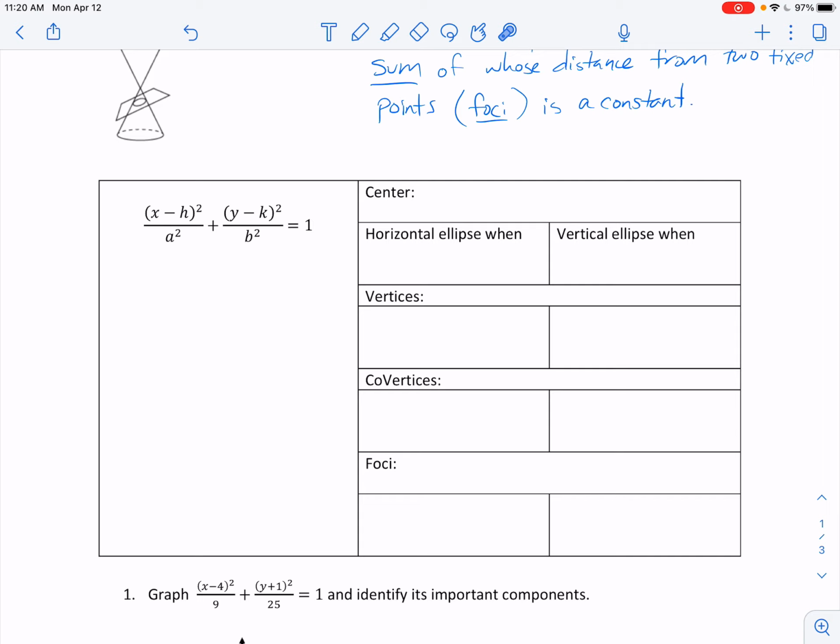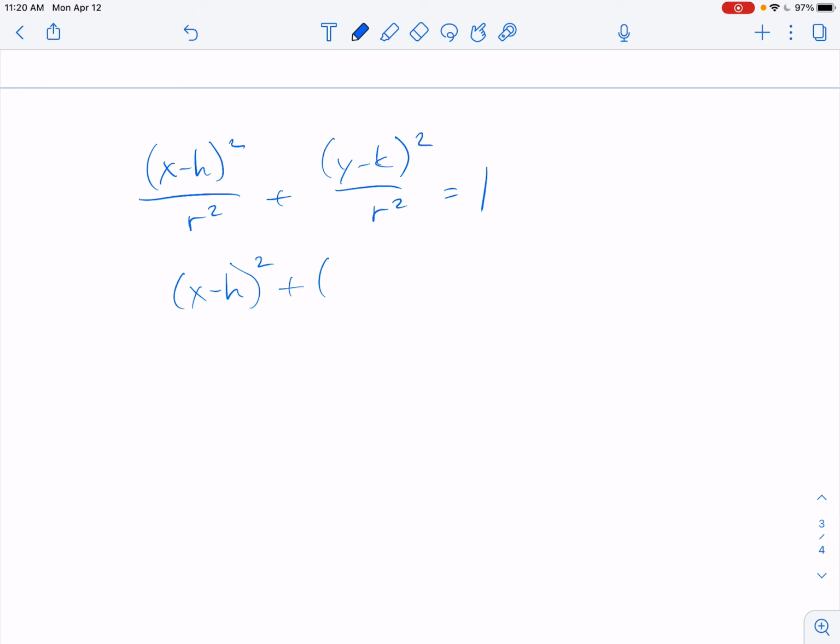If these were both the same, so if I said (x minus h) squared over r squared plus (y minus k) squared over r squared equals 1, and I multiplied everybody by r squared, I would get (x minus h) squared plus (y minus k) squared is equal to r squared. And that's what you saw when we looked at circles. That's the equation of a circle.